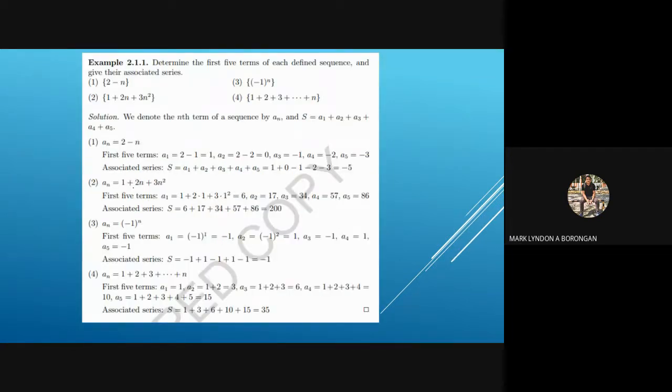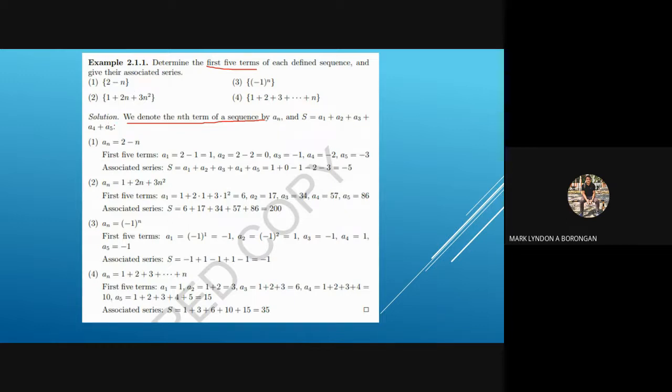Okay, determine the first 5 terms of each defined sequence and give their associated series. So we have therefore our example one, that is the sequence of 2 minus n. So we denote the nth term of a sequence by a sub n, and s is equal to a sub 1 plus a sub 2 plus a sub 3 plus a sub 4 plus a sub 5.